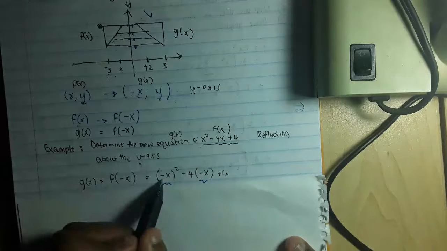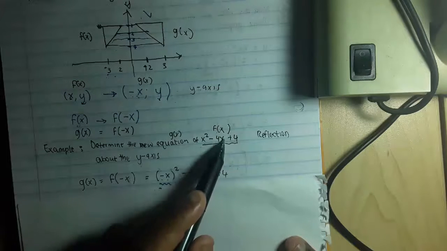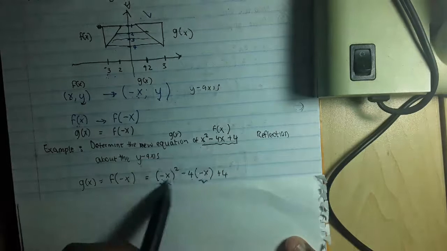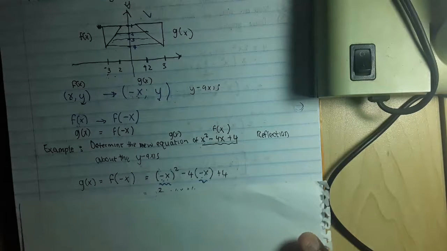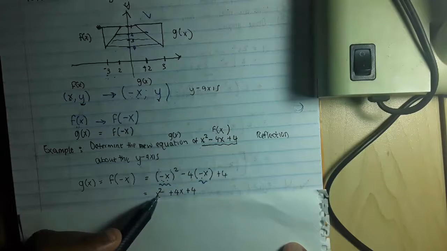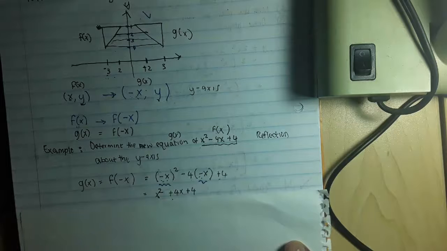So instead of an x, we add a minus x. Every x is replaced by minus x, and then plus 4. If you simplify this, the squared term will remain the same, and the middle term will be a plus. So now this is the new graph of g of x that we have.